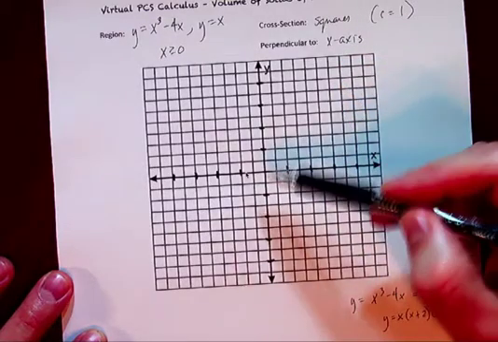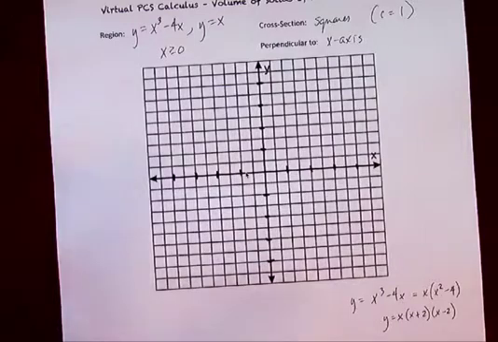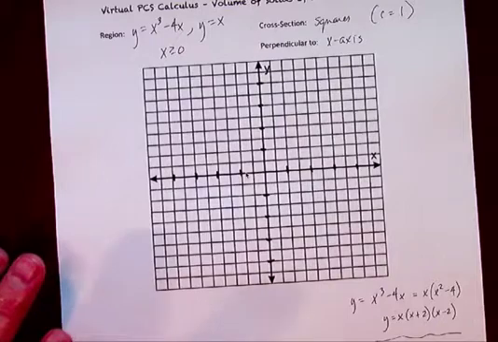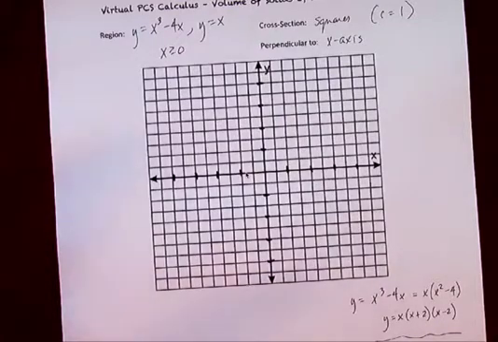If you wanted to accurately find those, it'd just be y prime equals 3x squared minus 4, and you set that equal to 0, and you get x squared is equal to 4/3, or x is equal to plus or minus 2 over root 3. And of course, 2 over root 3 is 2 over 1.732, so it's just a little beyond 1.